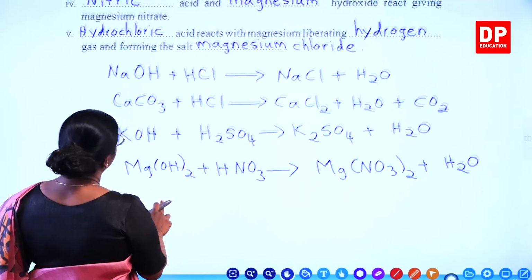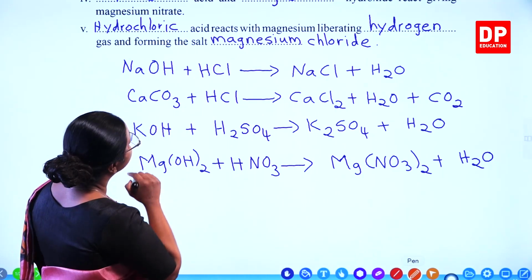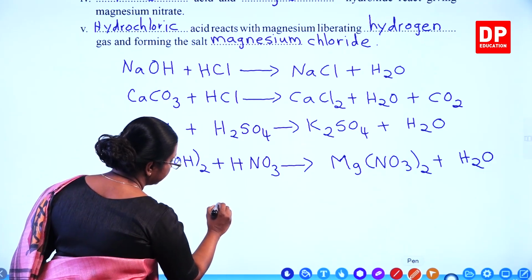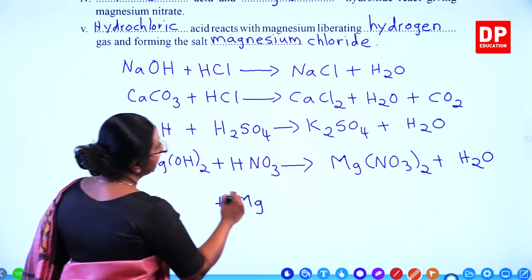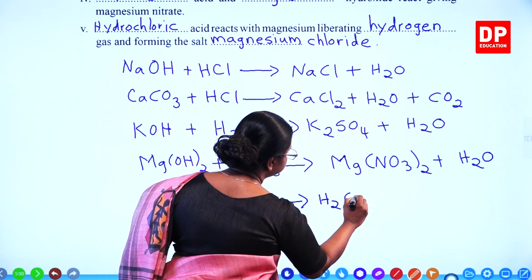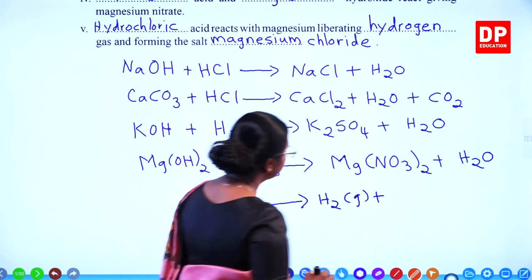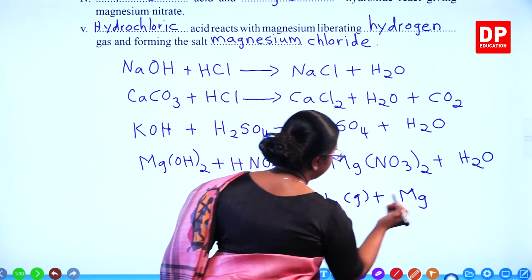And the last one, the acid that we don't know reacts with magnesium. So you don't know what the acid is, but we know it reacts with magnesium, liberating hydrogen gas and forming, that also we don't know, but we know it is a salt of magnesium.